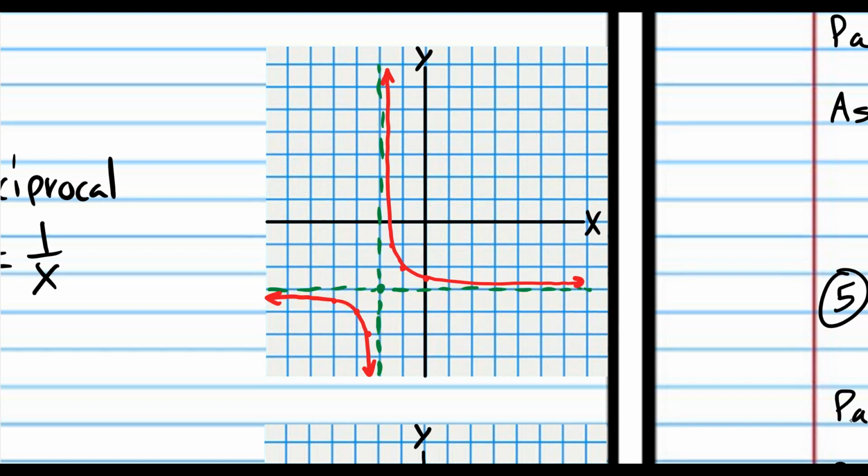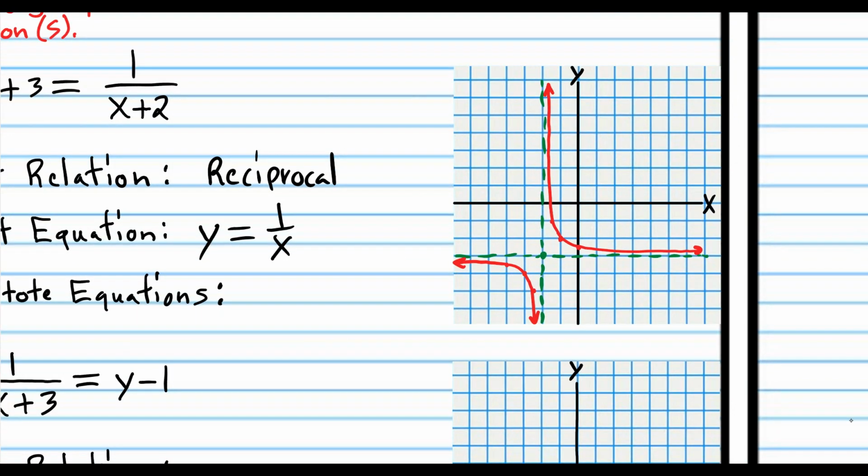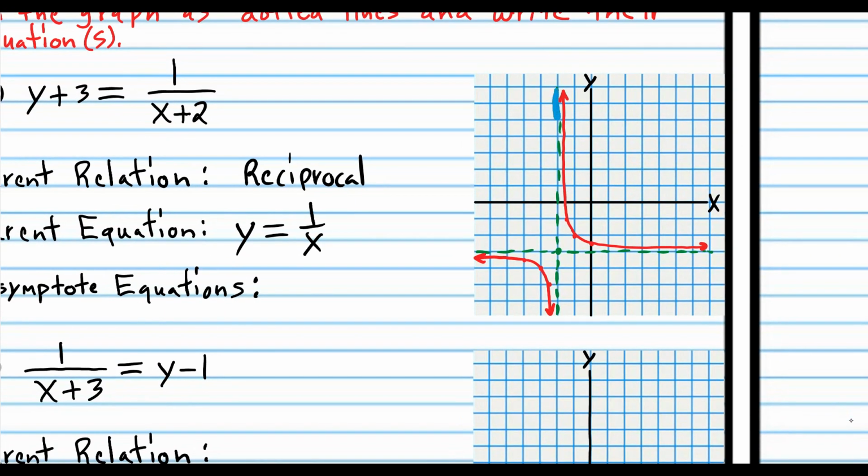Now you might wonder, well, do we have to draw the asymptotes? And the answer is absolutely yes. In the math curriculum, you're expected to be able to not only draw the asymptotes, but we're going to write the equations of the asymptote lines. Notice that all the points on this vertical dotted line have x values of -2.